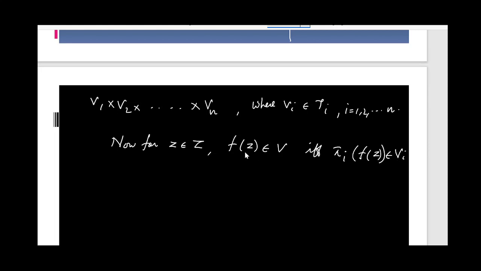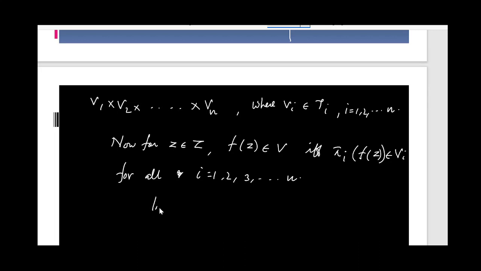Then only f of z belongs to V, for all i equal to 1, 2, 3, etc. up to n.